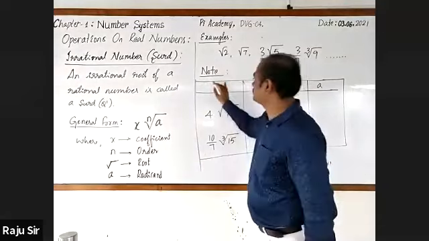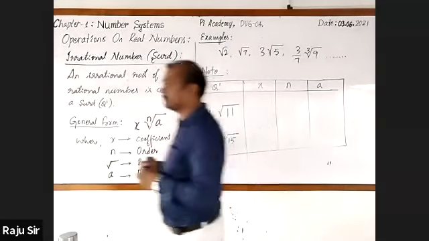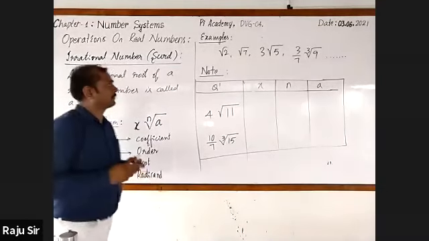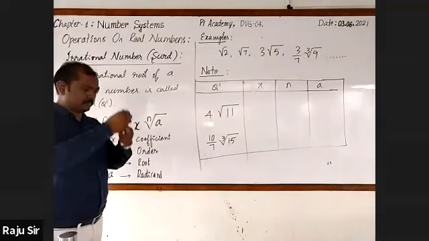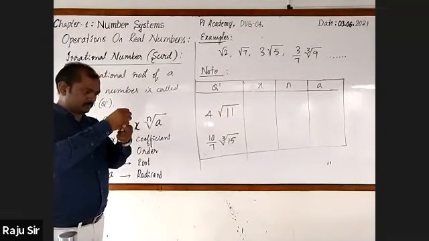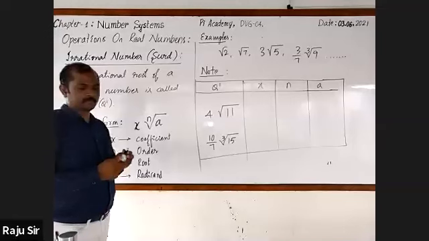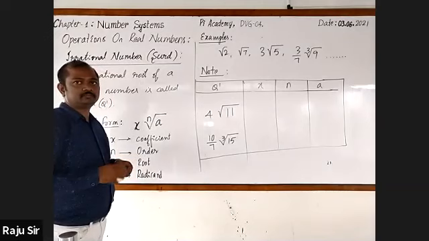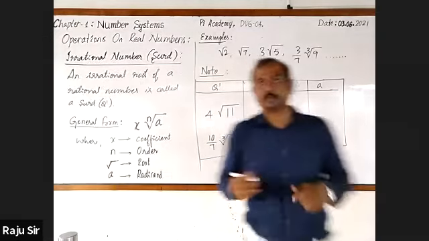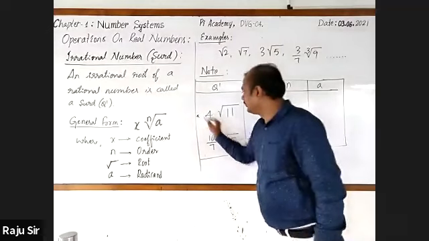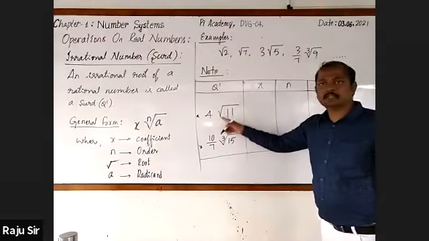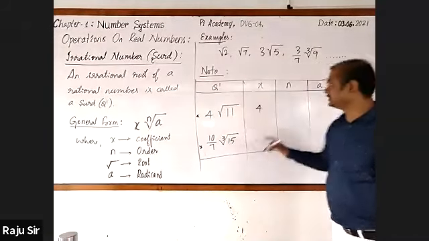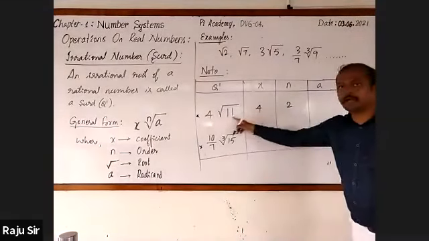And these are examples for surds, nothing but irrational numbers. In the first example, coefficient is 4, order is 2, and radicand is 11.